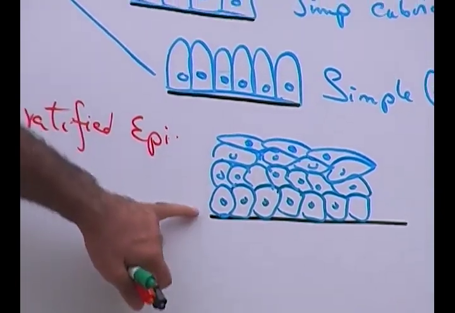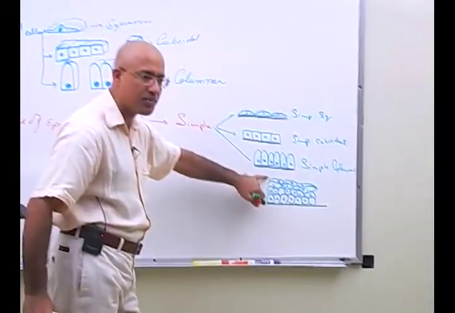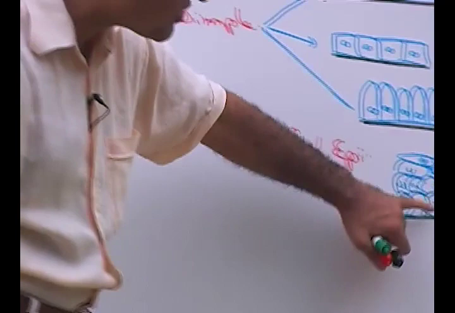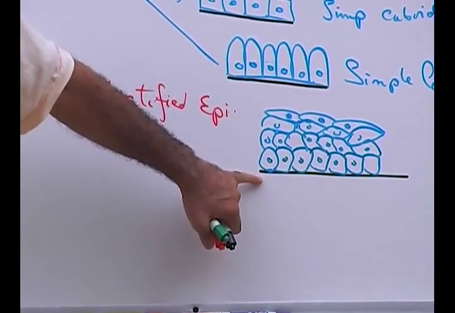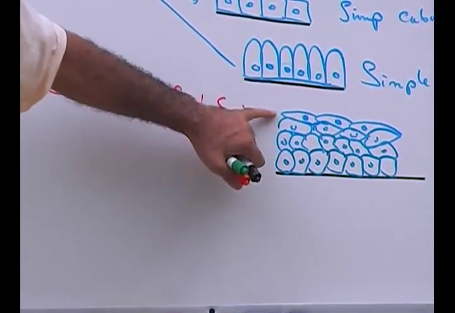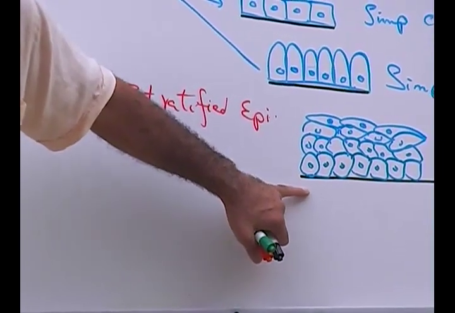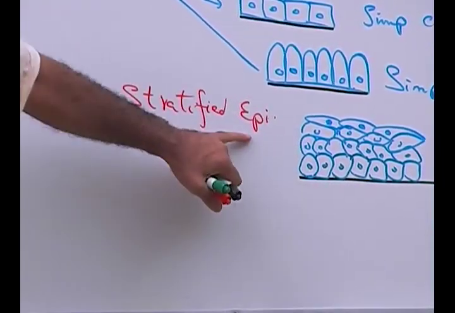This is multi-layered epithelium in which only the basal cells are resting on the basement membrane and the upper layer cells are not. Such epithelium is called stratified epithelium.